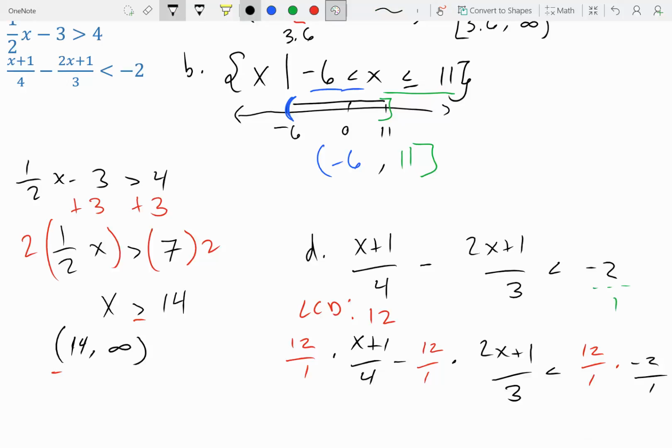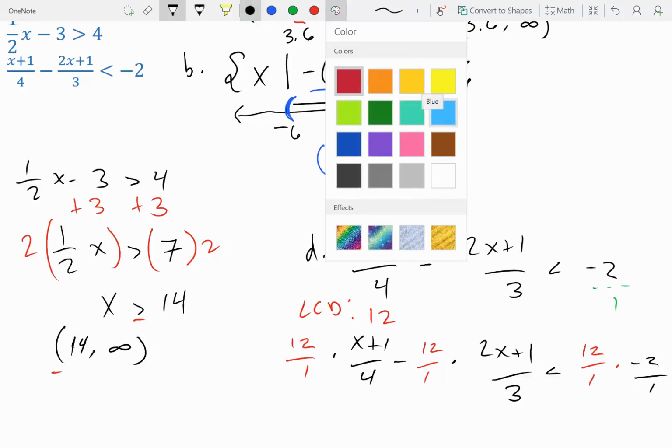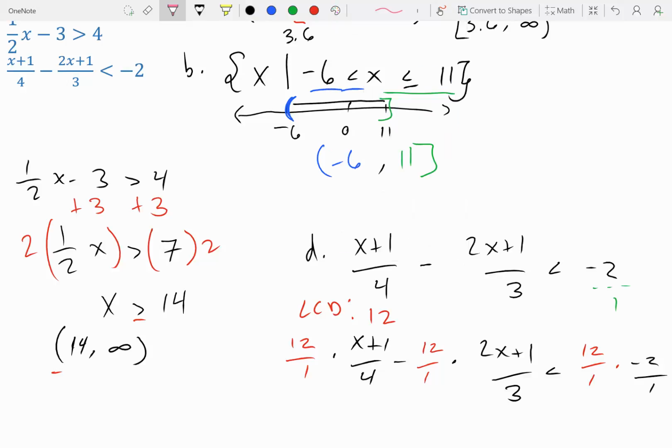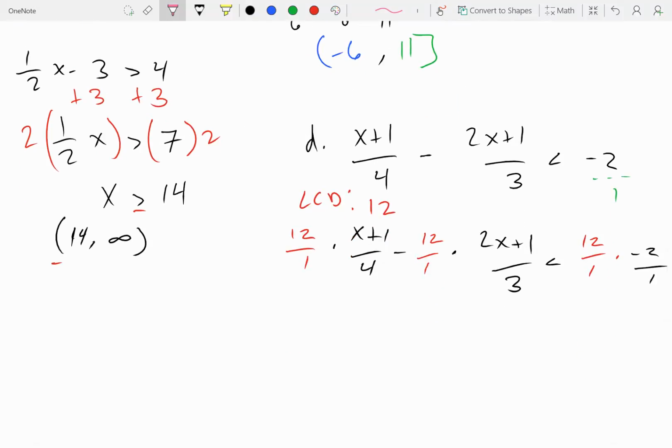What that allows us to do is cancel out the fractions, because I know we don't like working with them. So always diagonally we can cancel out. So 4 goes into 12 3 times, 3 goes into 12 4 times, and there's nothing on the right side. So we have 3 times x plus 1 minus 4 times 2x plus 1 is less than negative 24.